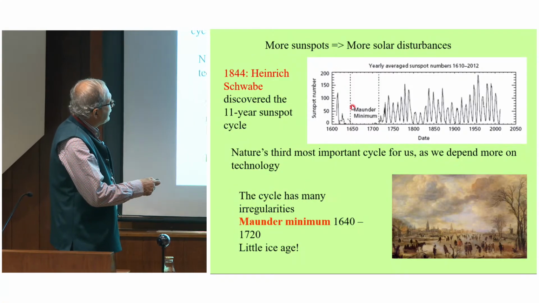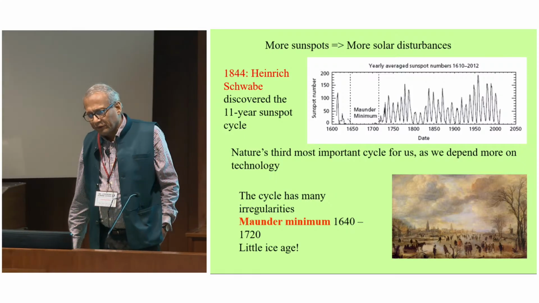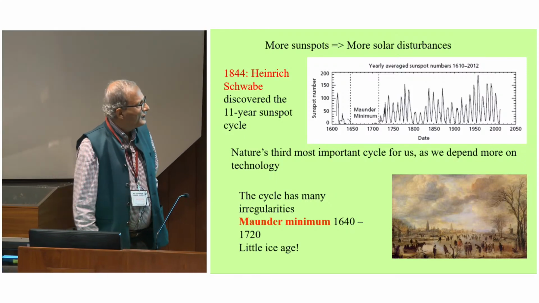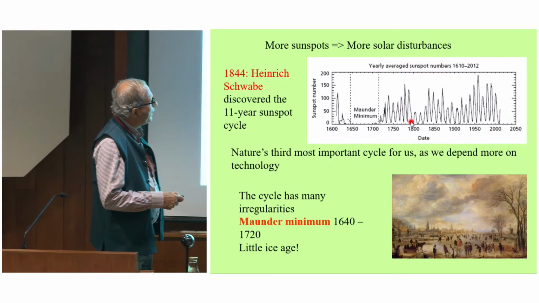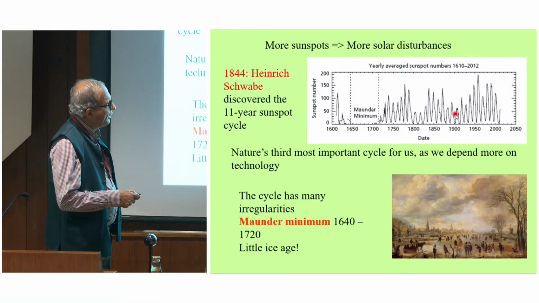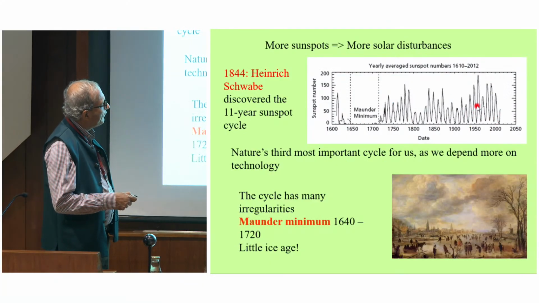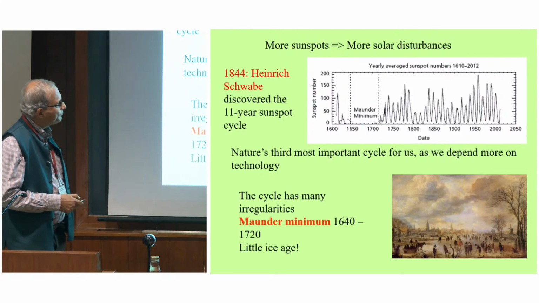And after that, there was a period of about 80 or 90 years known as the Maunder minimum, when sunspots were not seen at all. And after that, the sunspot number has gone up and down in a roughly periodic fashion with a period of approximately 11 years, although there are lots of irregularities.